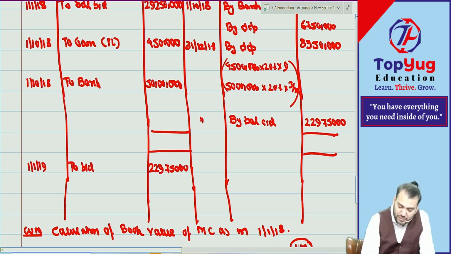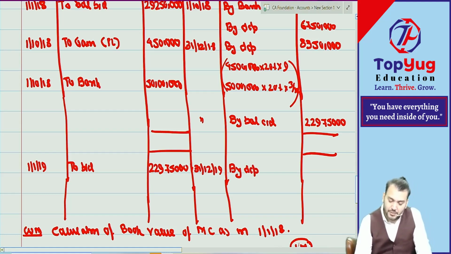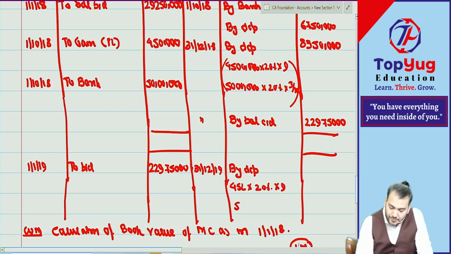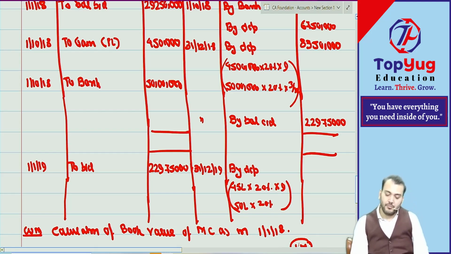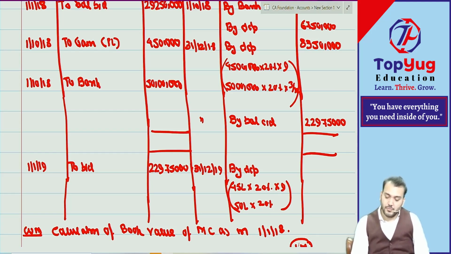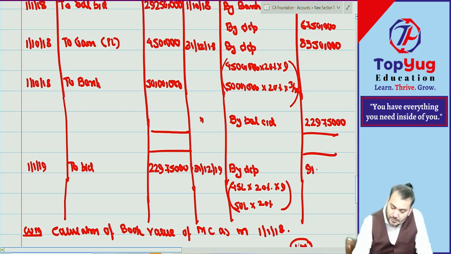There is no purchase, there is no sale, only depreciation comes. Now by depreciation, it is 45 lakh into 20% into 9, and 50 lakh into 20% into 1. This is the depreciation. How much? 91 lakh. The closing balance you can calculate, add up by balance carried down.